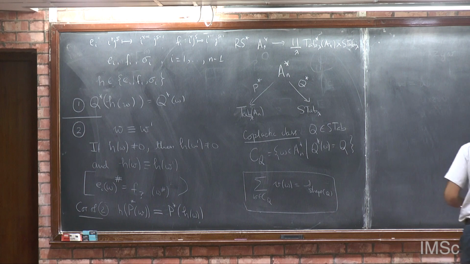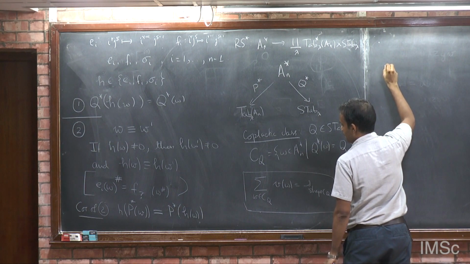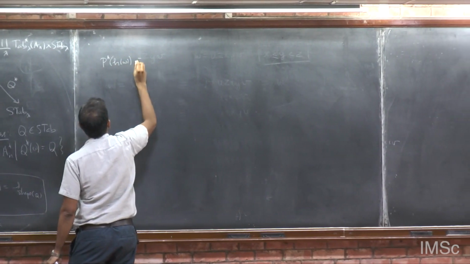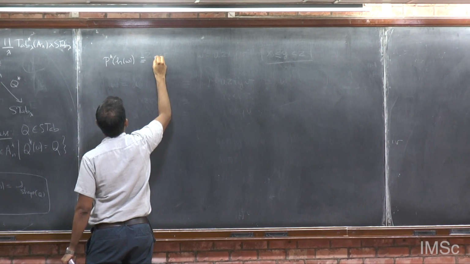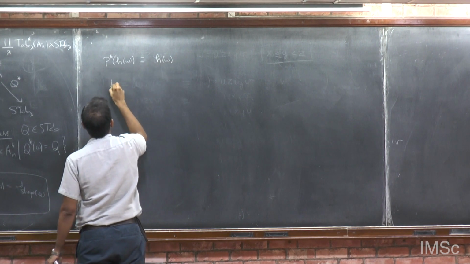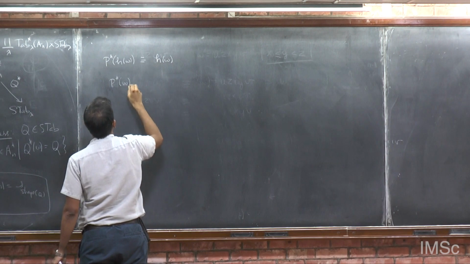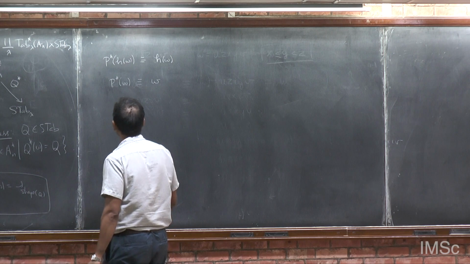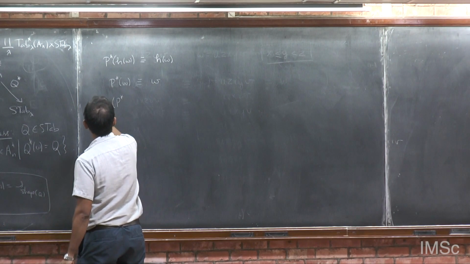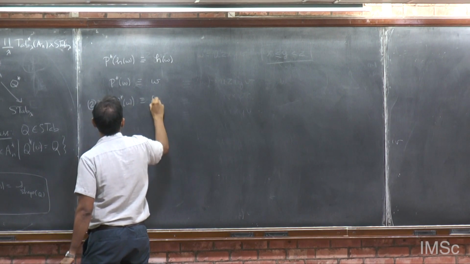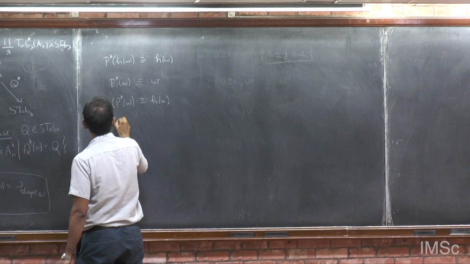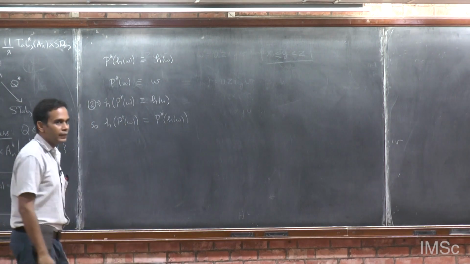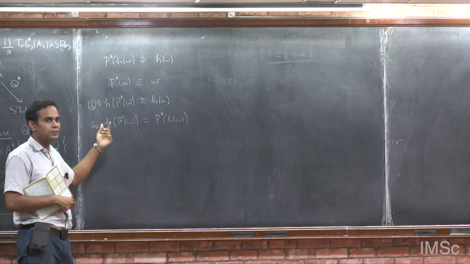P star HW is congruent to HW, and P star W is congruent to W. And what does this say? 2 implies H of P star W is congruent to HW, which means that H of P star W is equal to P star HW. But we know, by the RS star curve, that there is a unique column word of a tableau in each Plactic class. So these must be equal.